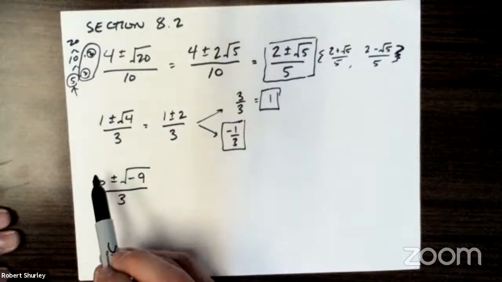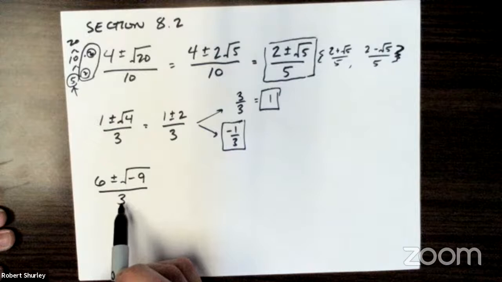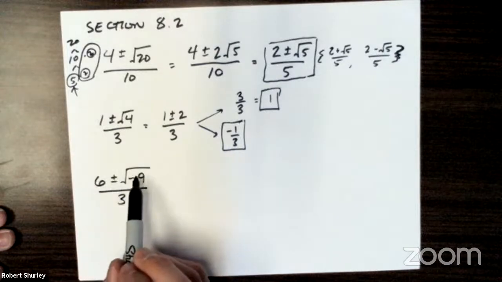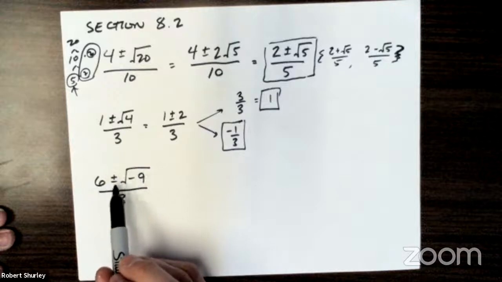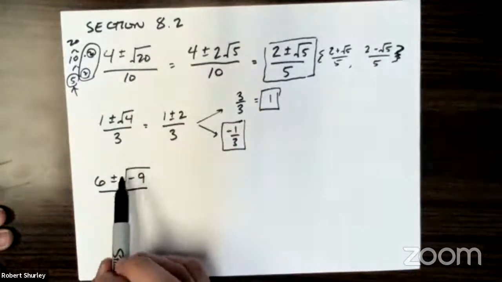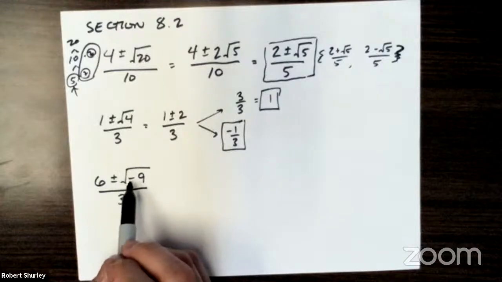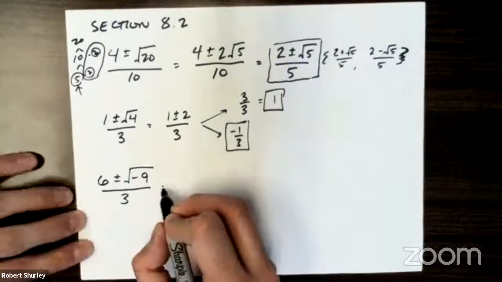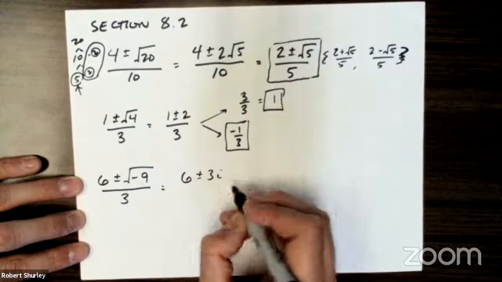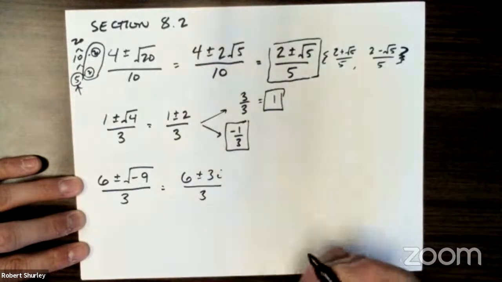I know our brains want to say 6 and 3 are divisible by 2, but again, we have to divide all 3 terms in this because we have the plus or minus. Just like the previous 2, we're going to simplify the radical first. We know the square root of a negative is i, it's imaginary. So the square root of 9 is just 3. So we get 6 plus or minus 3i over 3.